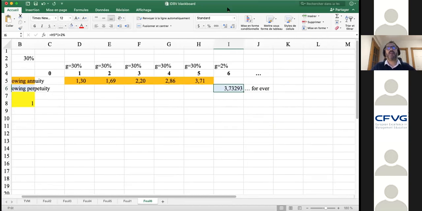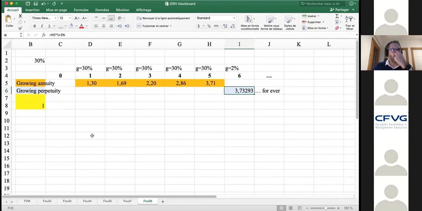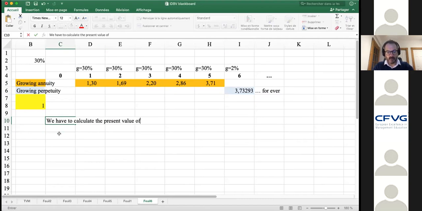So this is what I wanted to show you, the cash flow. You have to understand that we have two things to calculate. We have to calculate the present value of the growing annuity over 5 years.